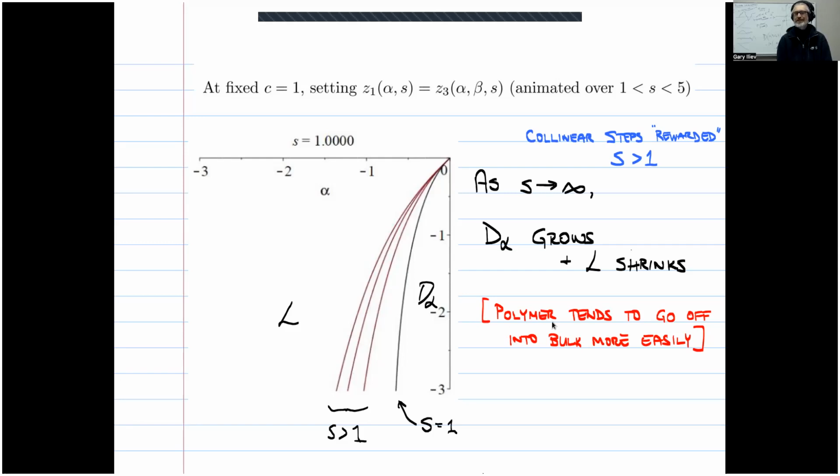The polymer will tend to be collinear more often than not, and so it will turn back down towards the interface less often, and therefore spend more of its time in the delocalized states, and thereby be harder to localize.